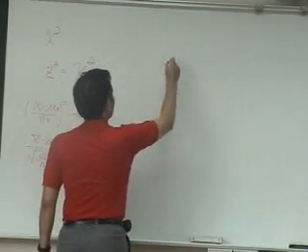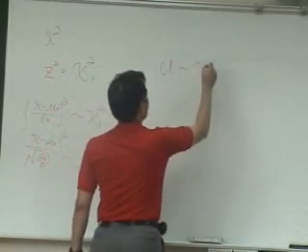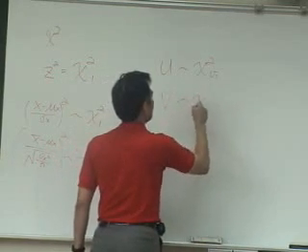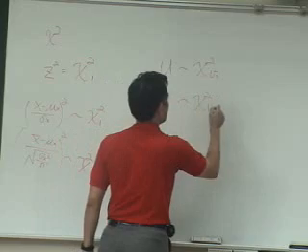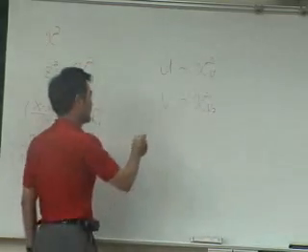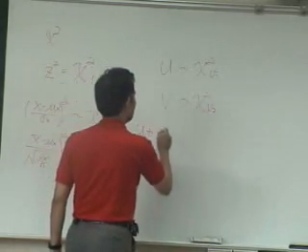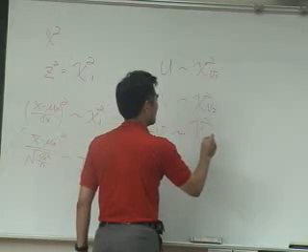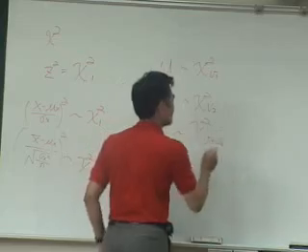Let us say U is a chi-square distribution with degrees of freedom V1, and V is another chi-square distribution with degrees of freedom V2. If you have U plus V, then it is a chi-square distribution with degrees of freedom V1 plus V2.